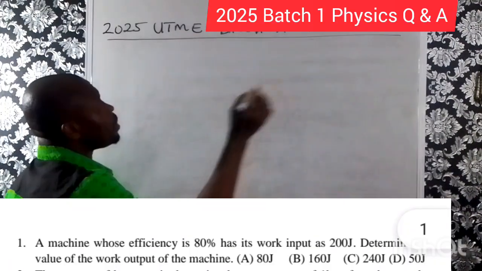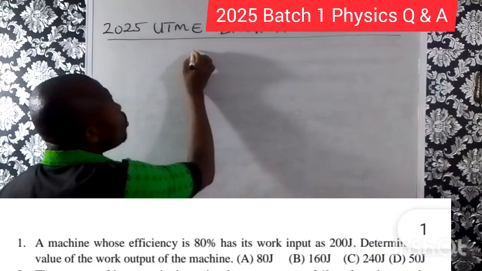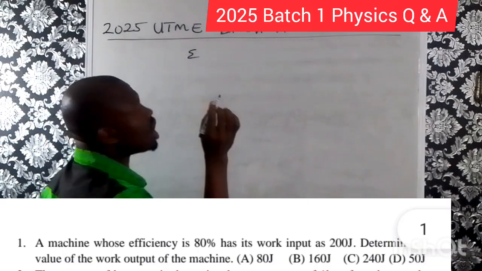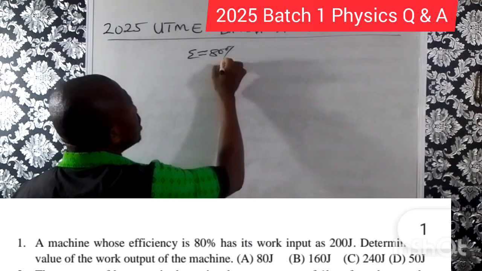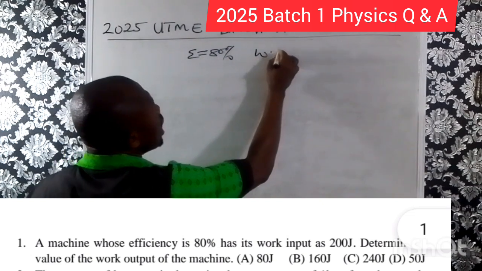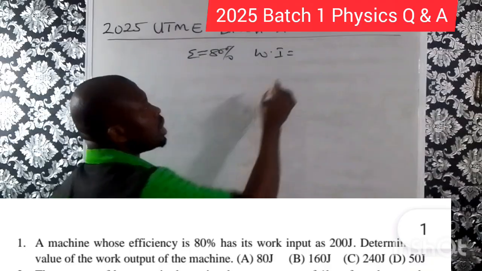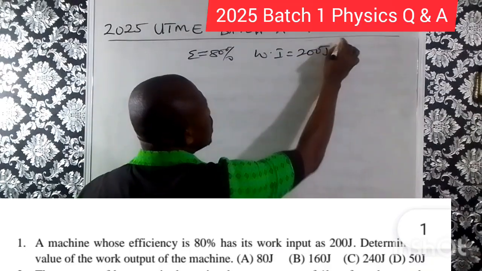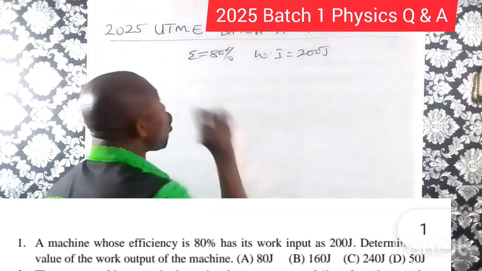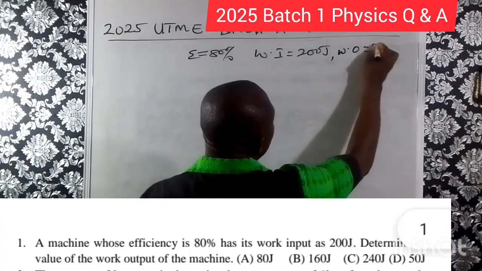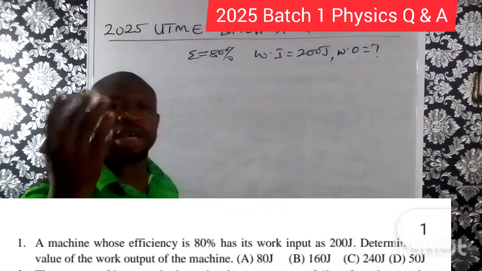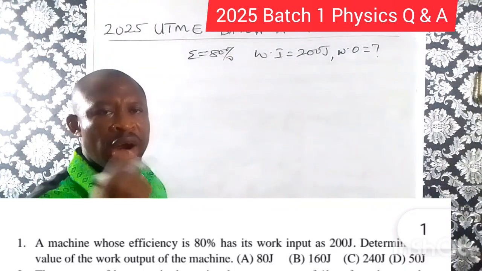From the question, they said the efficiency there is 80%. The work input in the machine is 200 joules. What is the work output? The work output of that machine is what we are expected to get.